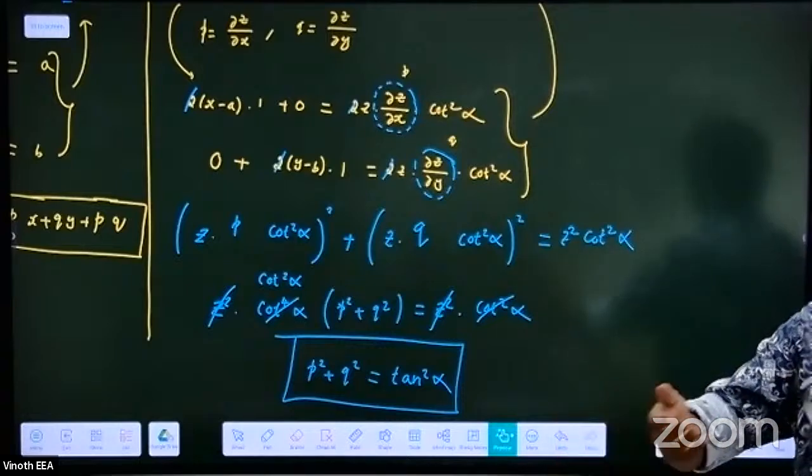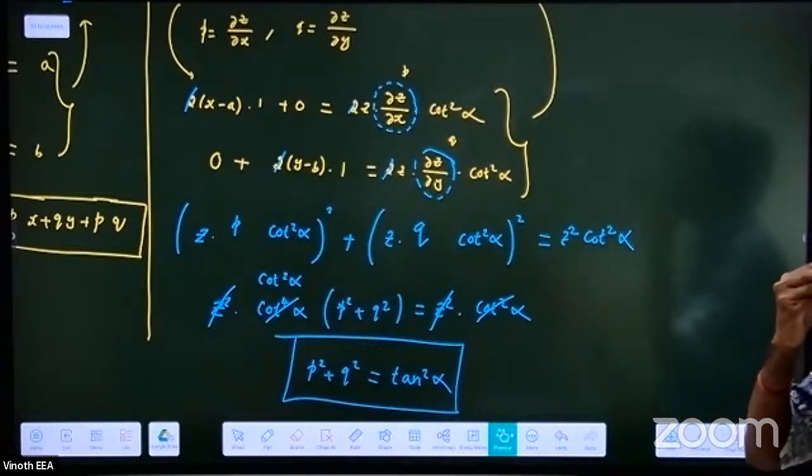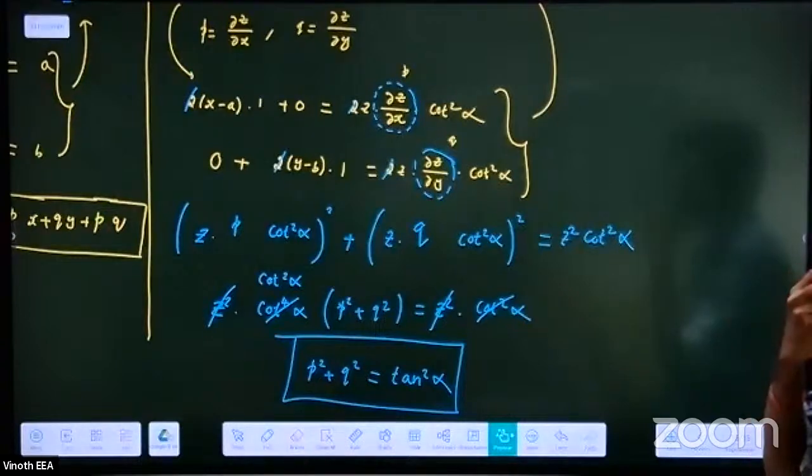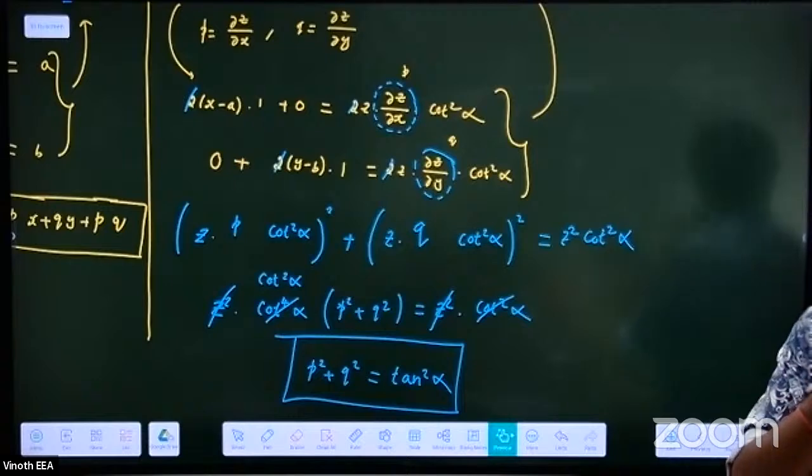Trivial solution, okay. It can be, but it doesn't matter and won't affect much. In the trivial solution z can become 0.